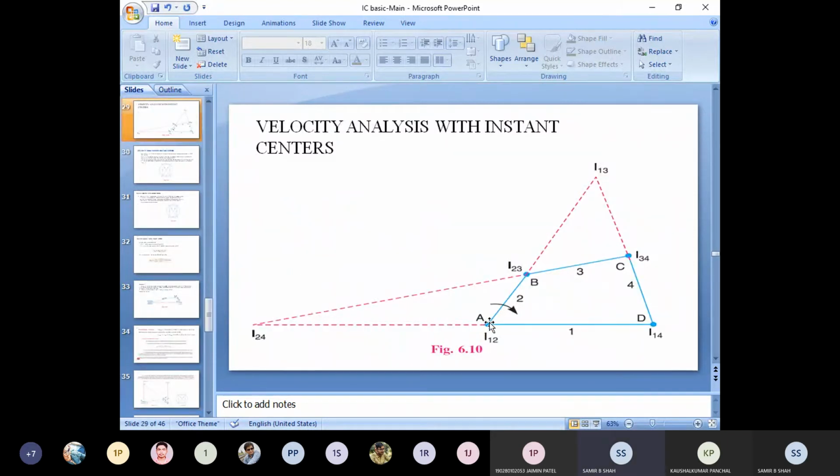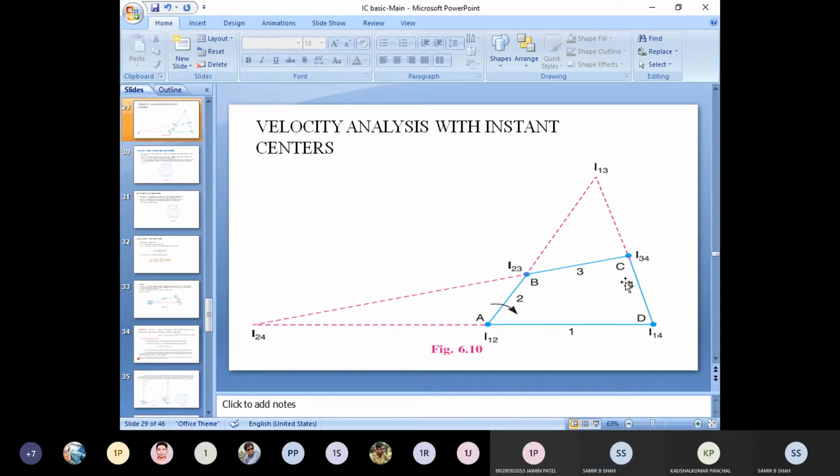As we know, this is A, B, C, D. Already I mentioned AD as the first link, AB the second link: link 1, link 2, link 3, and link 4.